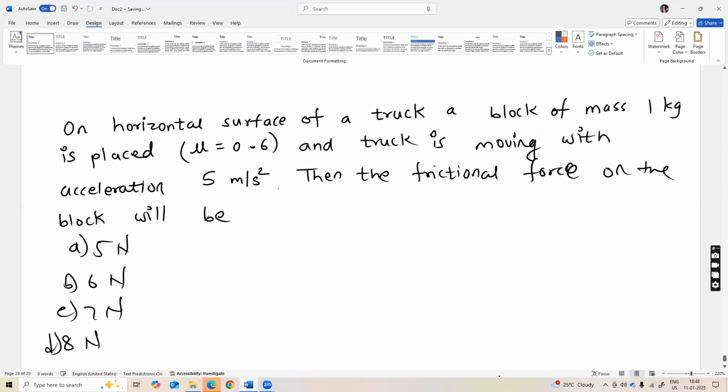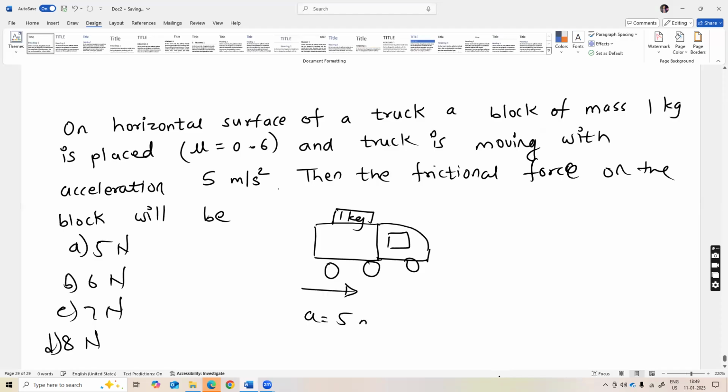Okay. So there is a truck. Let's say there is a truck which is moving and a block of 1 kg is placed over the truck, and this truck is moving with acceleration 5 meter per second square. Now you have to find out the frictional force acting on this block. So please take 1 or 2 minutes and try to solve this. Have you understood the question? Yes, sir.